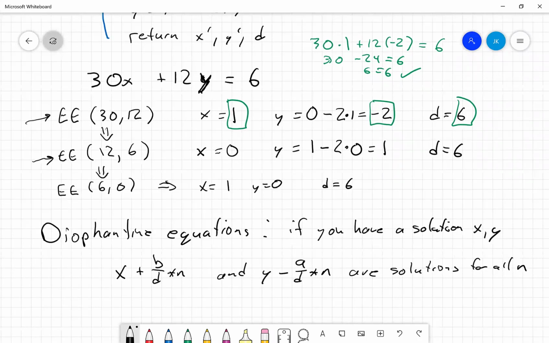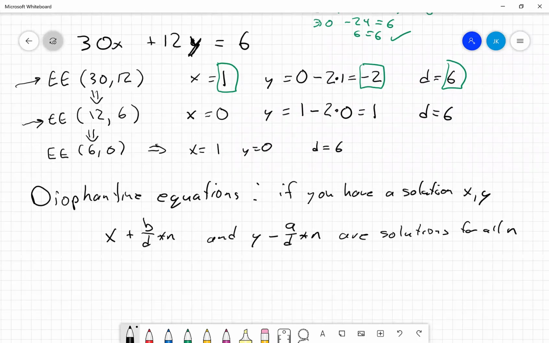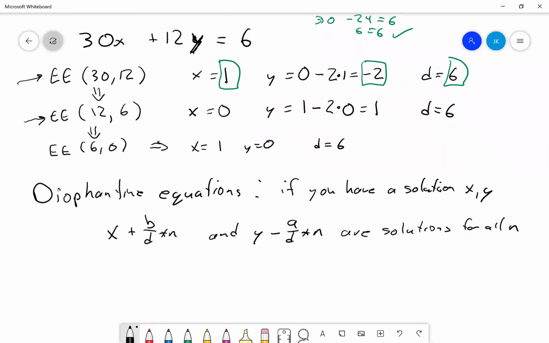And if you plug these in, well, here, I'll do this and then I'll erase it just so that you can see it. But basically, remember that a solution means that we had a times x plus b times y equals d. That was the solution that we had for x.